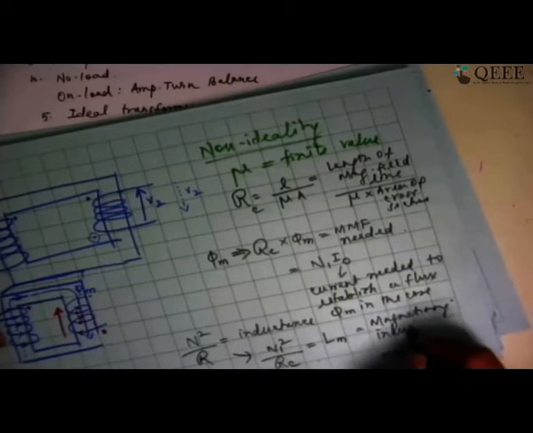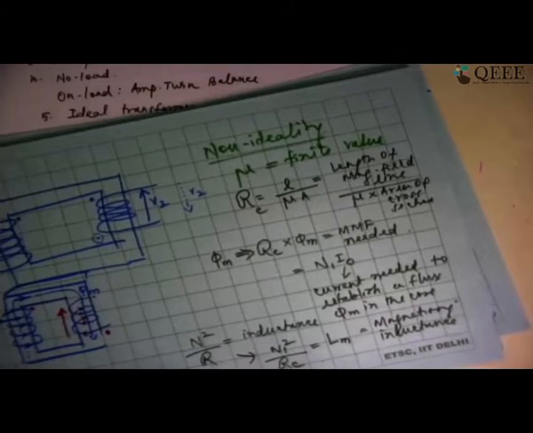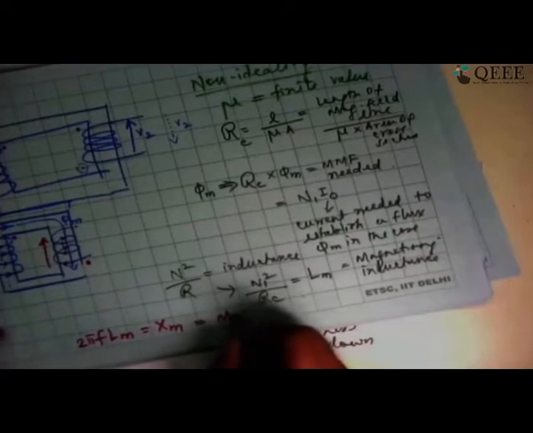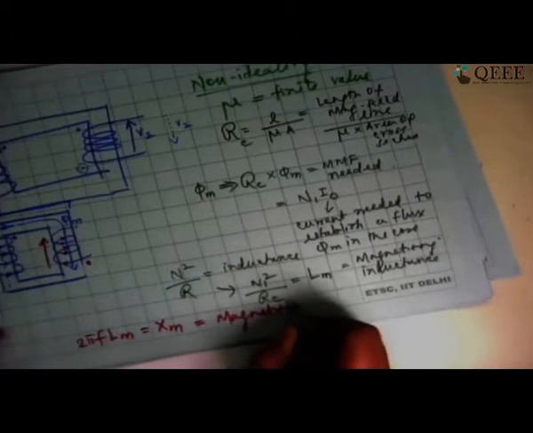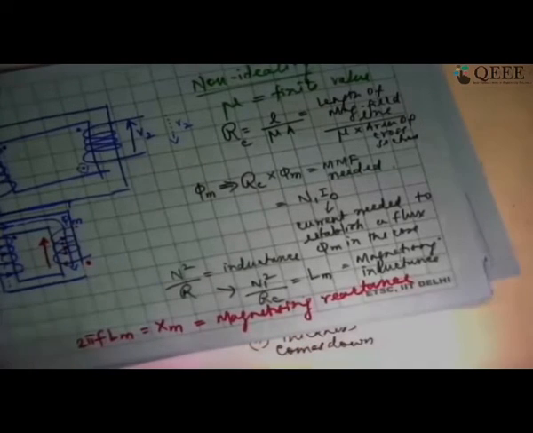Now I can write 2 pi f Lm as the magnetizing reactance, or Xm.